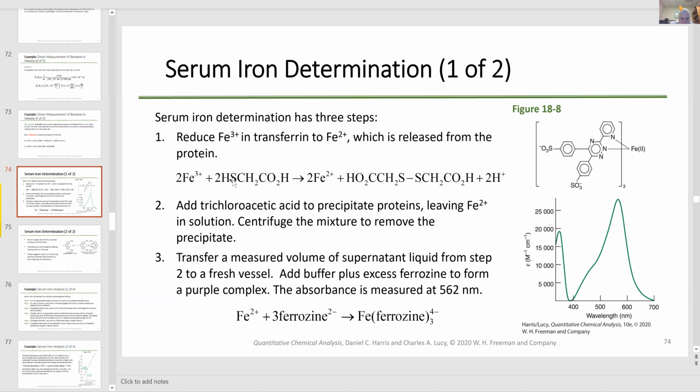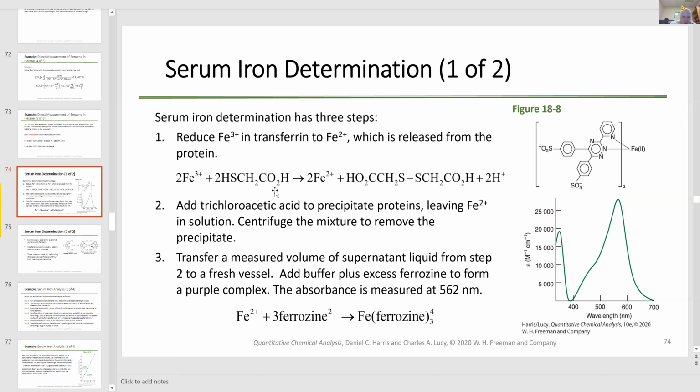And then what happens is it loses that hydrogen, and then it forms a disulfide, right? And this has got to be a multi-step reaction, but it's a good reducing agent here if it'll reduce that iron 3, right?